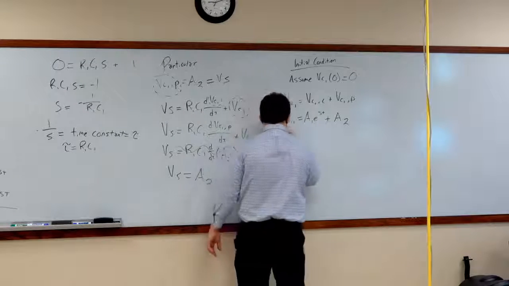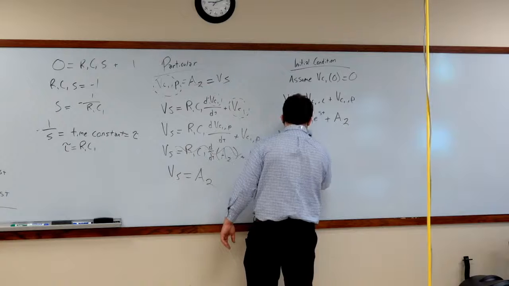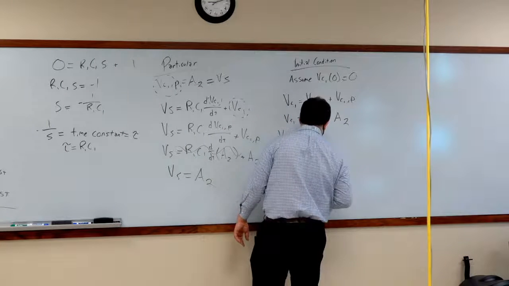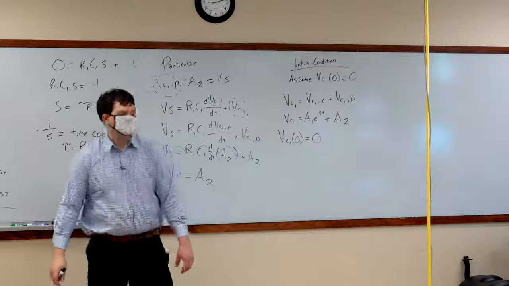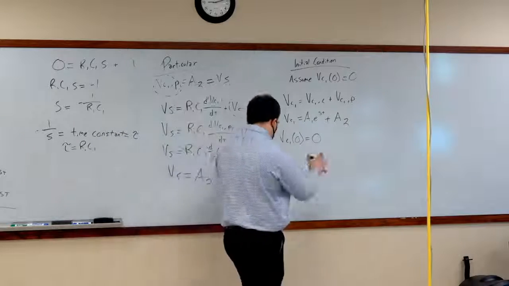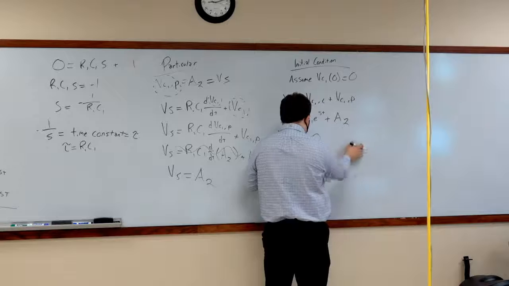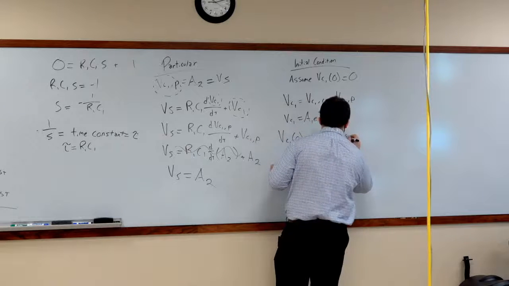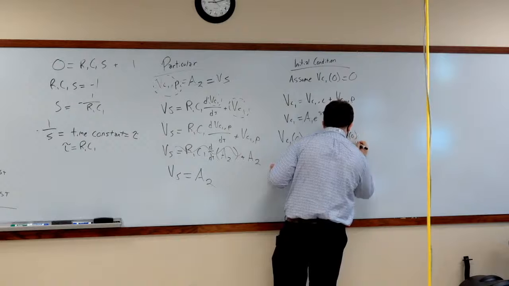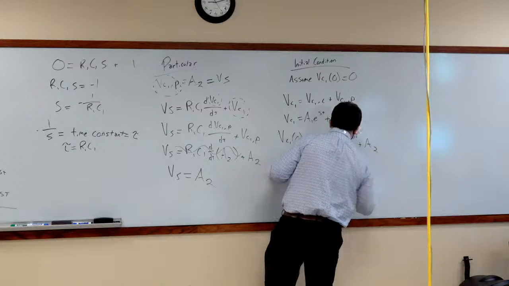And now we know that Vc1 at 0 is going to be equal to 0. So we set 0 equal to this equation. We set t equal to 0. A1 e to the s times 0 plus A2.